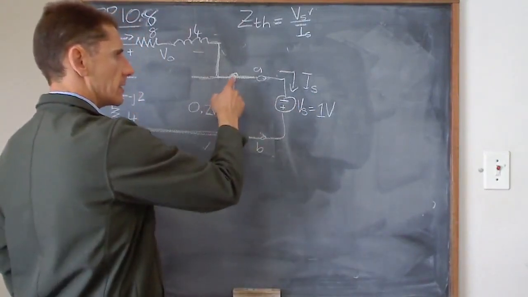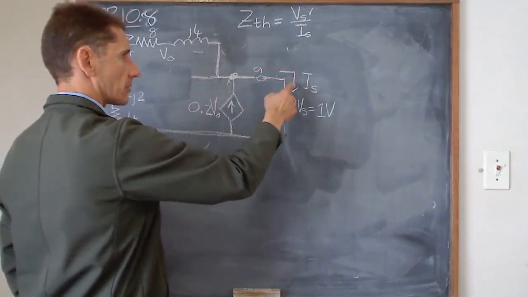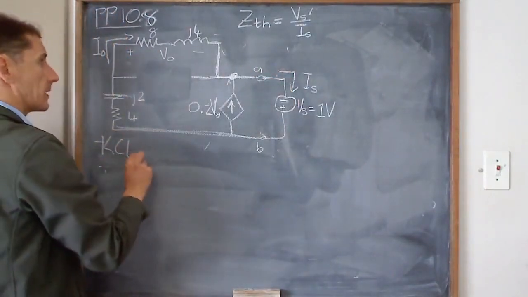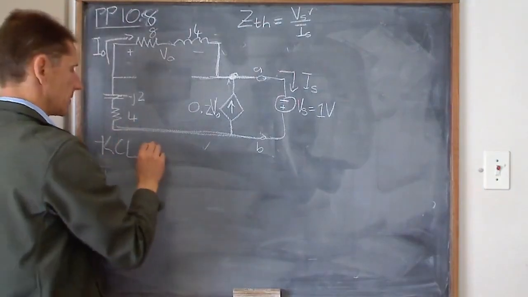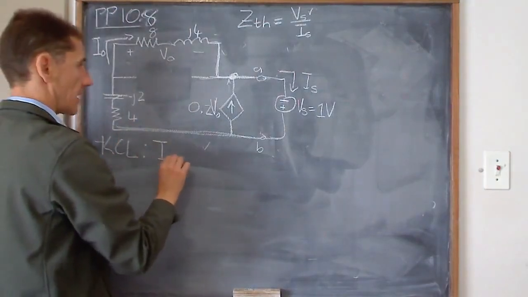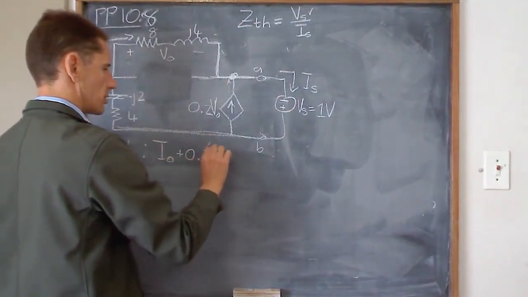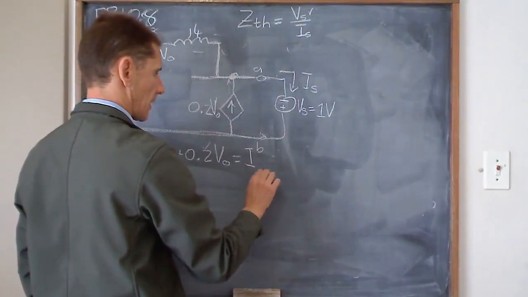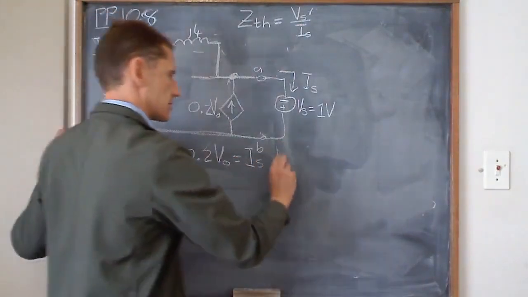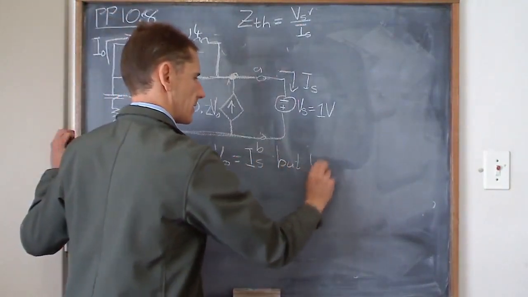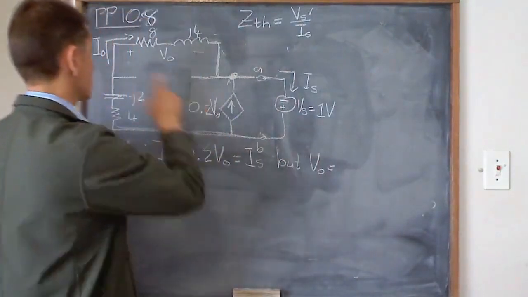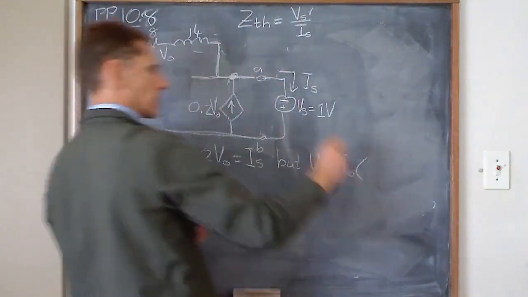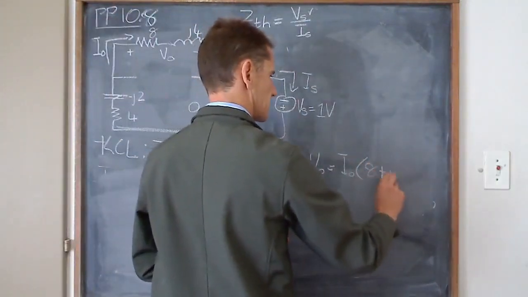So again we need to figure out Is, so let's write a KCL at that node. What are the currents coming in? Currents coming in is I out plus 0.2 V out, which must equal Is. So same story, but V out equals I out times this 8 plus J4. So that stays, that's important.